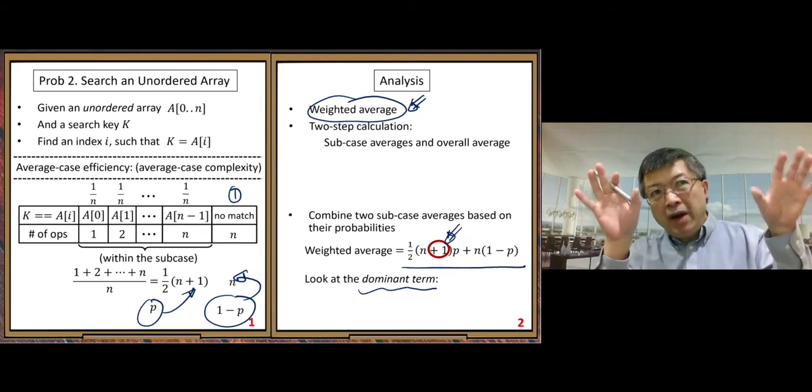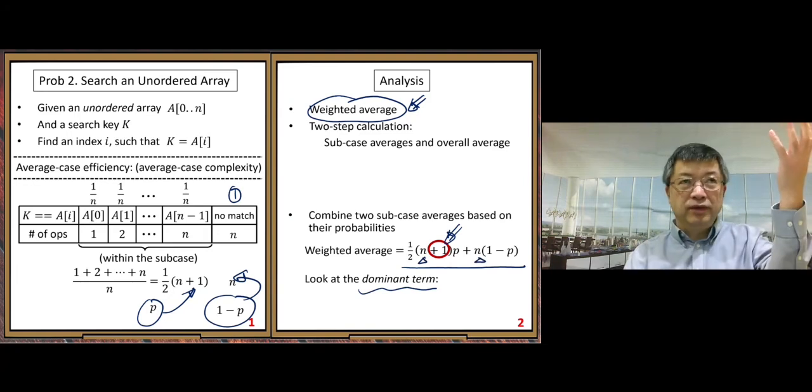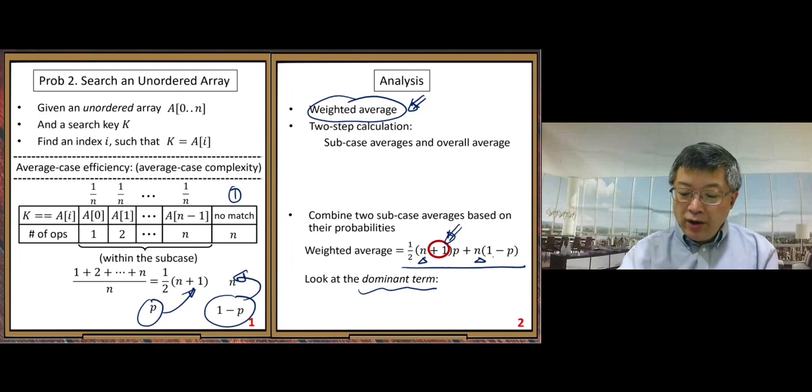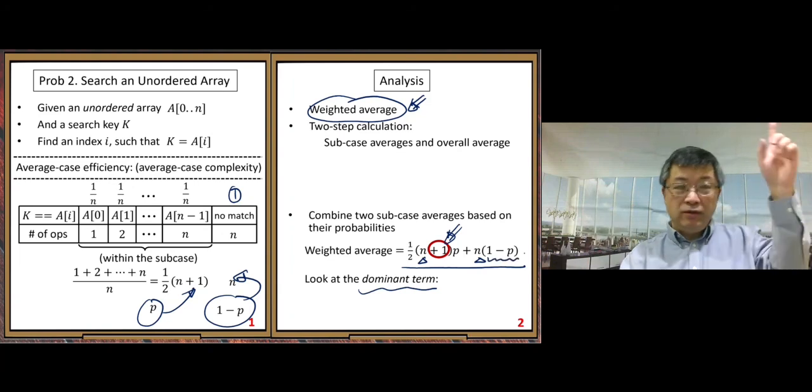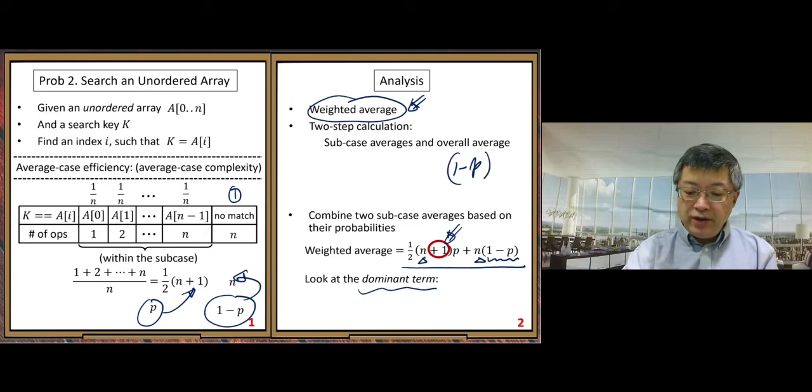Then we combine the coefficients for all the n parts, n being the variable part. One coefficient is 1 minus p, and another is 1/2 times p.